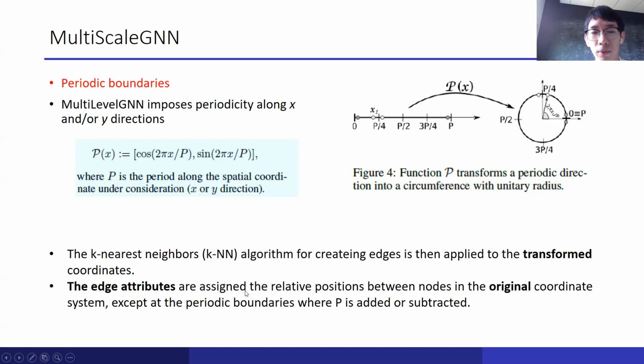And the edge attributes are assigned the relative positions between nodes in the original coordinate system, except at the periodic boundaries where P is added or subtracted. So this is how they handle the periodic boundary conditions.